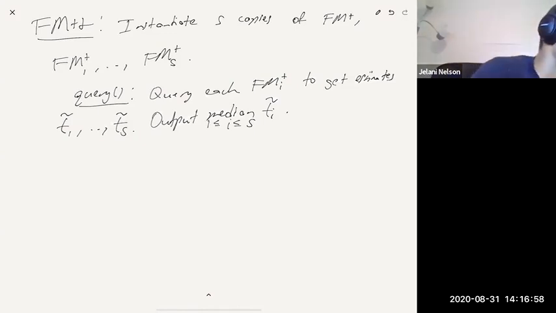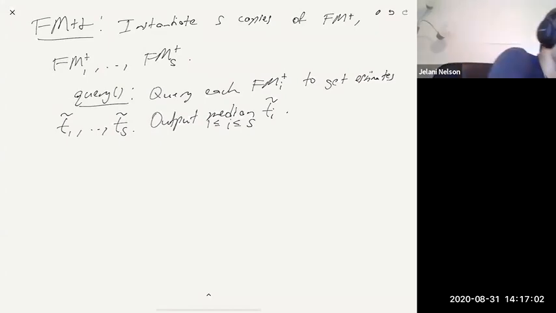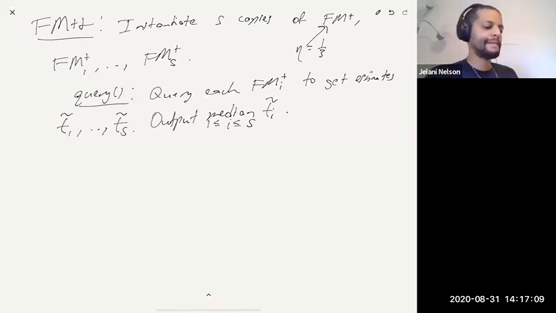Oh, and I should say, when we instantiate the S copies of FM+, we're going to do it with a failure probability of eta again being a third. Okay.